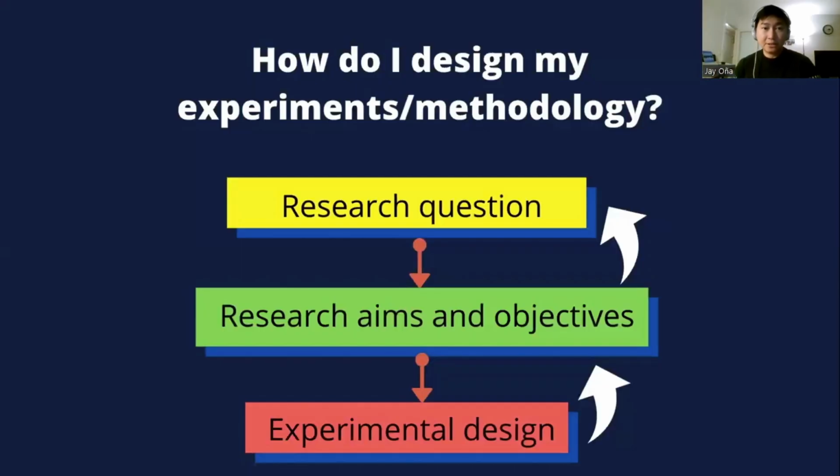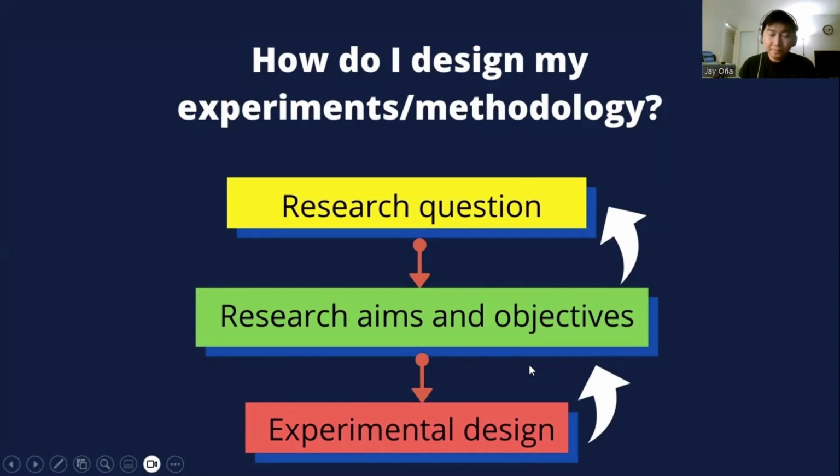And I have this diagram here. So our research is divided into these three parts. So yung research question po natin is the one that we are trying to investigate, and we break down that research question into research aims and objectives, and those aims and objectives are answered one by one by our experimental design.